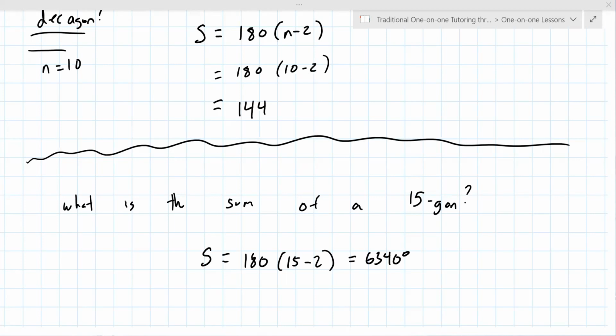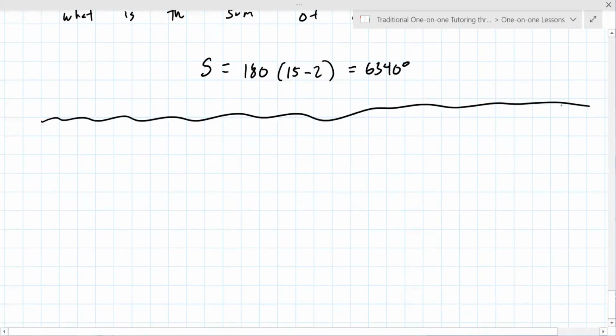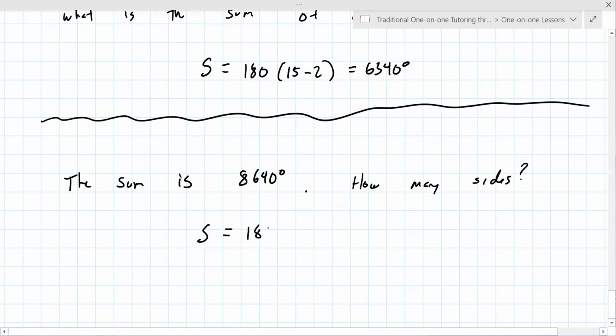So this time I'm going to give you the sum. I'm going to say the sum is 8,640 degrees. And the question will be, how many sides? So recall that your formula is this.